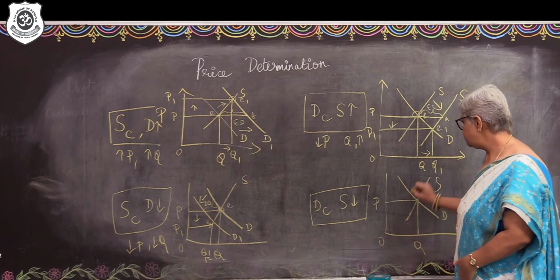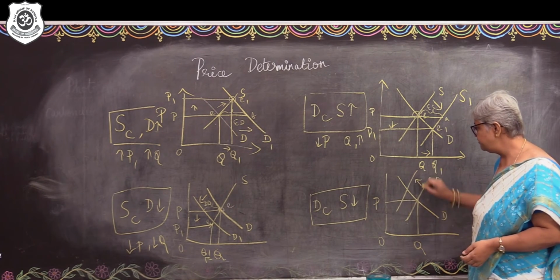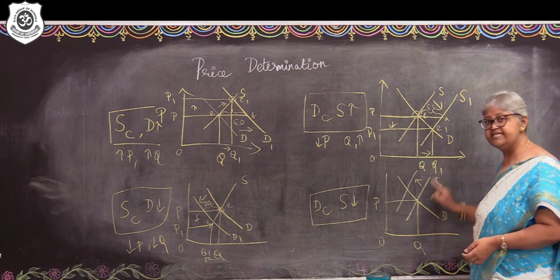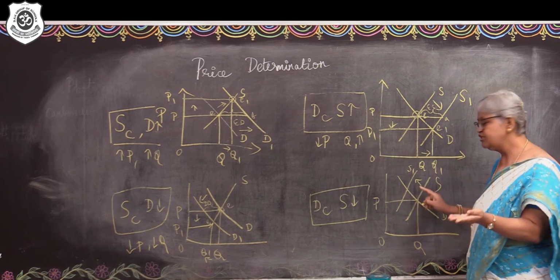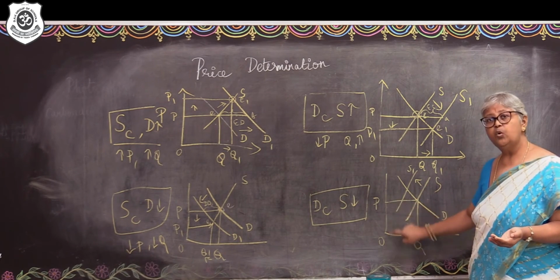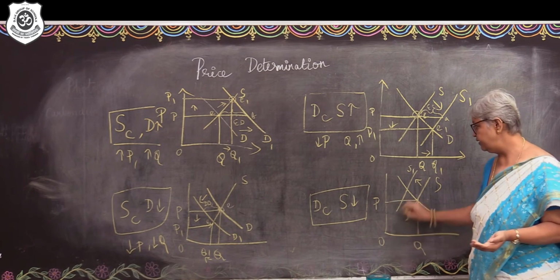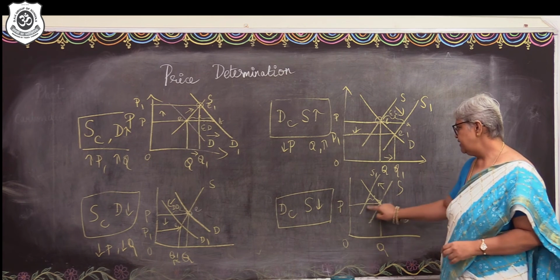So, when there is going to be a fall in the supply, that can be depicted as a leftward shift. So, this supply curve S is going to shift to the left. So, leftward shift in the supply curve at this particular price OP. What will happen? At this price OP, what do you see here?